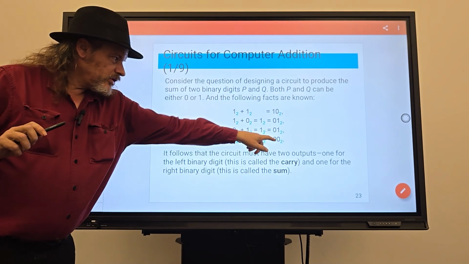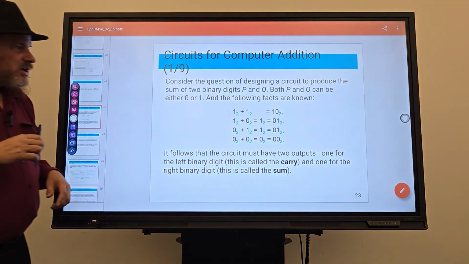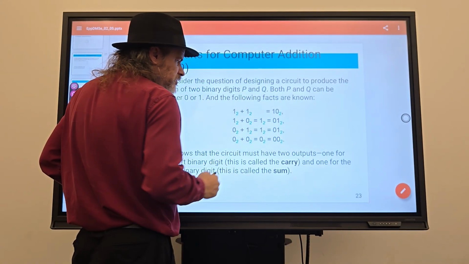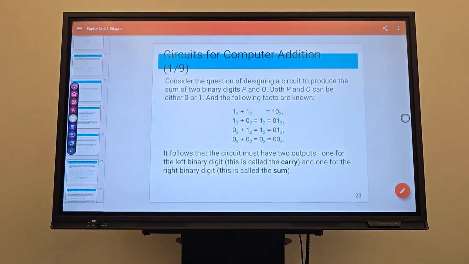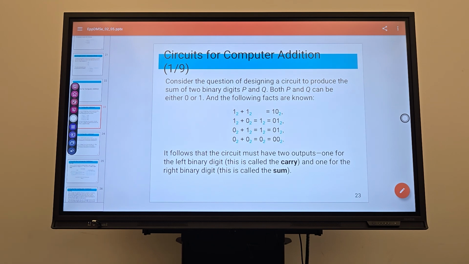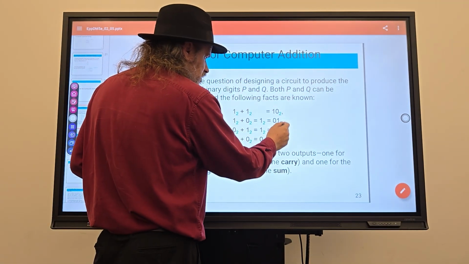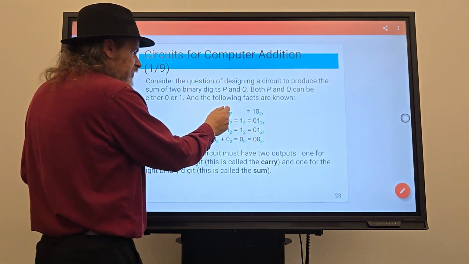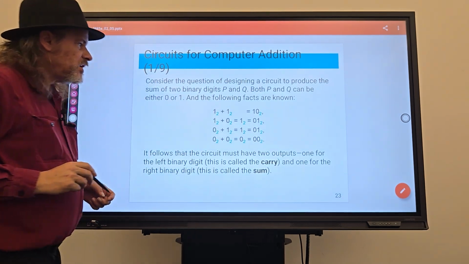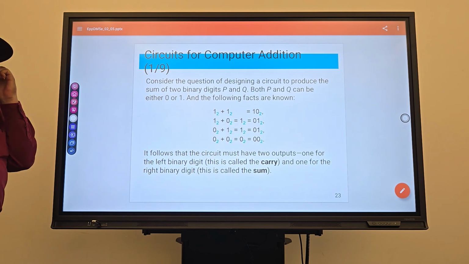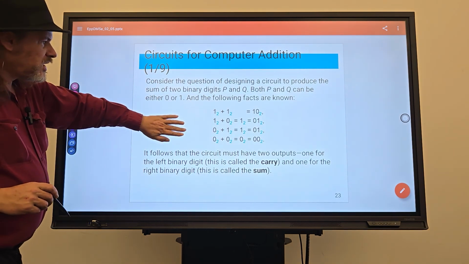And 0 plus 0 is 0. But you have 2 digits on your output. So you have to have 2 outputs in your circuit. One is the sum, which is your first digit here. And then the carry, if there is a carry from the operation, carries out to the next column. Okay?